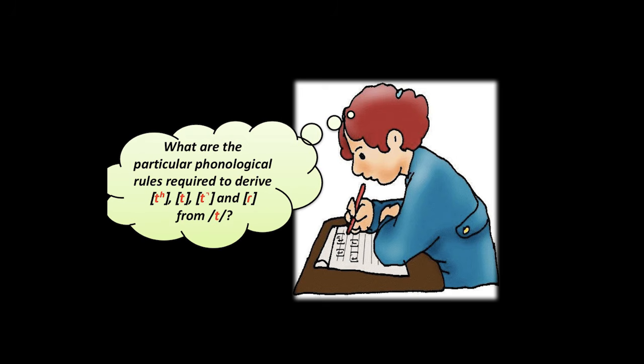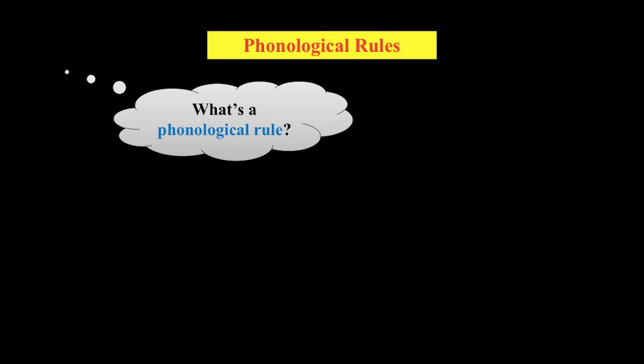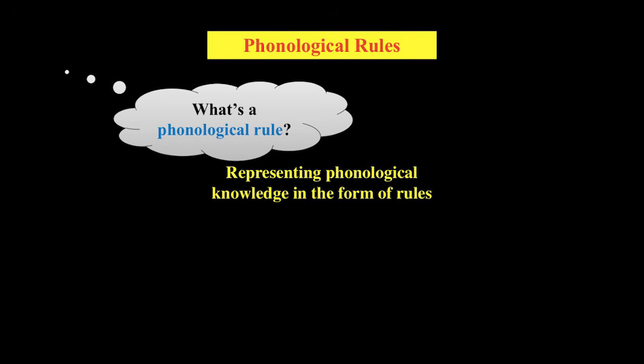So a question to ask here is this: what are the particular phonological rules required to derive these four pronunciations, either the aspirated or unaspirated or the unreleased or the flapped t, from the t itself? So what do we mean by a phonological rule? In fact, when we write a phonological rule, we are simply representing that subconscious phonological knowledge that we have of our native language in the form of rules.